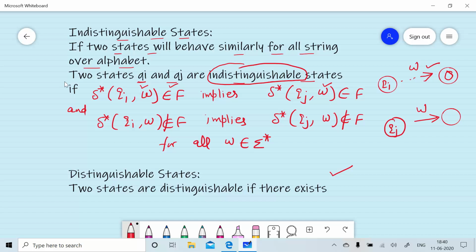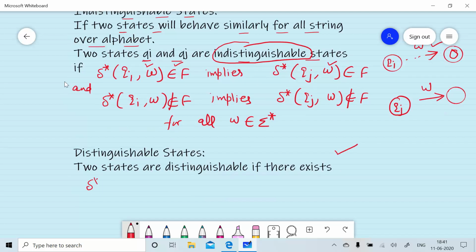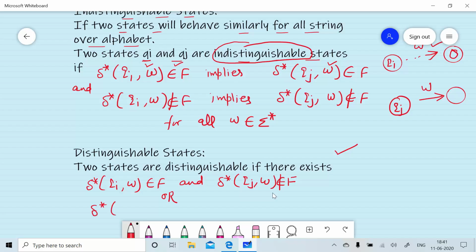Mathematically, we can write that on processing of string w, Qi reaches the final state and Qj reaches the non-final state, or Qi reaches the non-final state and Qj reaches the final state.